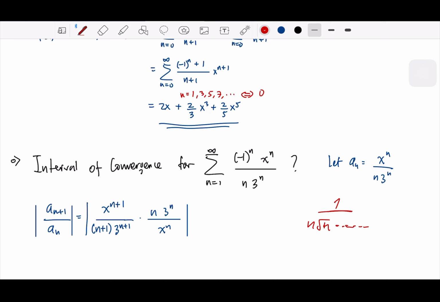Any guess if you have 1 over n squared of n plus maybe sine n, any complexity here? What method would you suggest? The most logical method, easiest to use. Yes, comparison. So you can have either the direct comparison or the limit comparison test. I think to be safe, just use limit comparison.